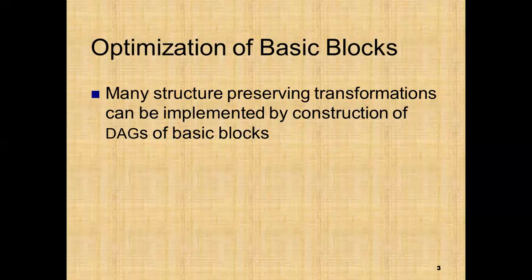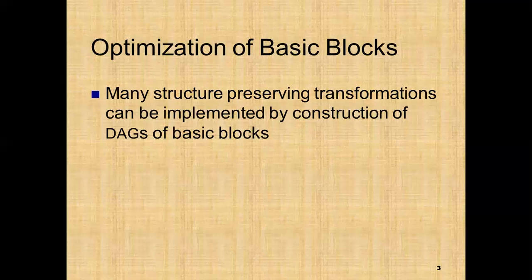Whenever we are using a number of loops, first we will check whether there is any statement which is going to repeat again and again. Then we will take that statement out of the loop. When we take that statement out of the loop, we can say that is optimization at the loop level.